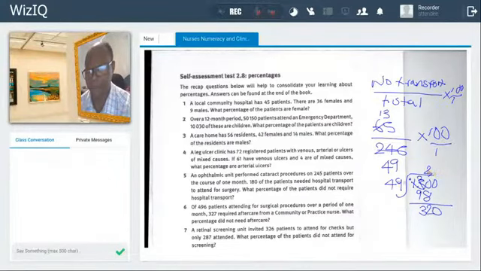Let's try 7. 7 times 9, 63. 7 times 4, 28. 28 plus 3 is going to be 31. So let's try 7.